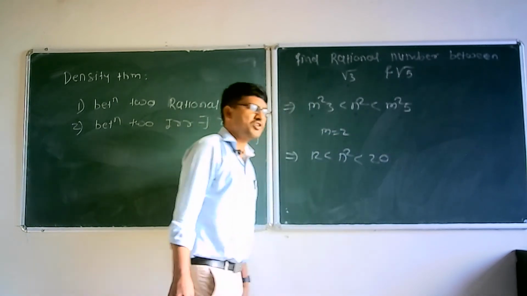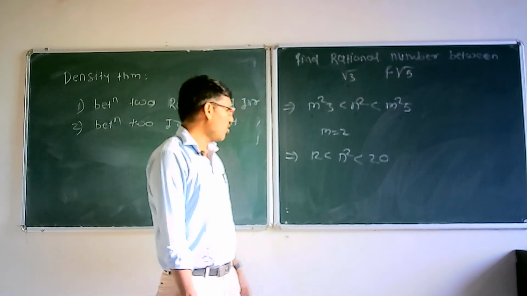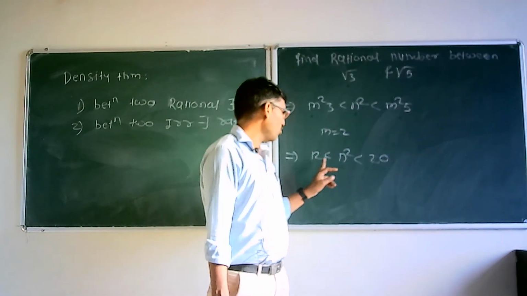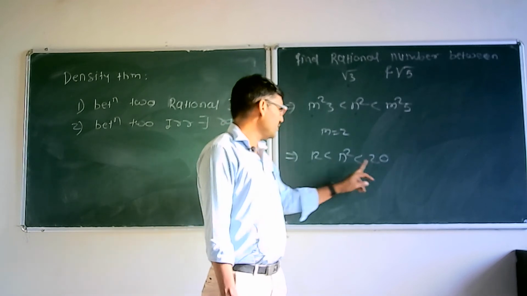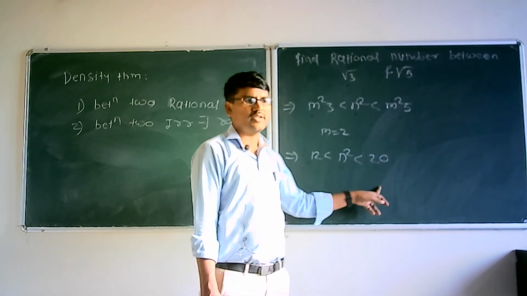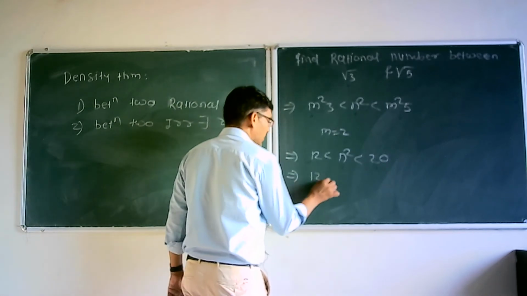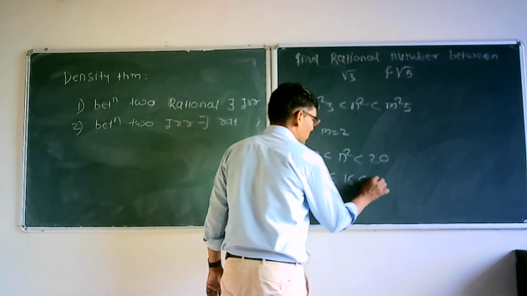Now you want to determine a number whose perfect square you know. Between 12 and 20 there exists a number 16 whose square root is 4. So 12 is less than or equal to 16, less than or equal to 20.